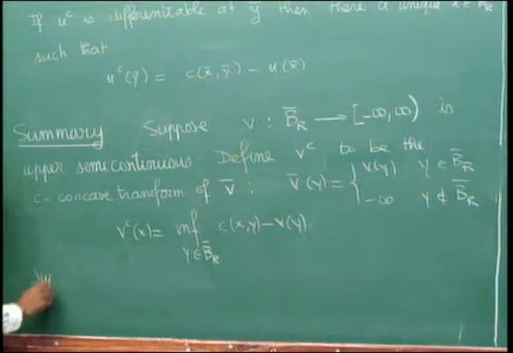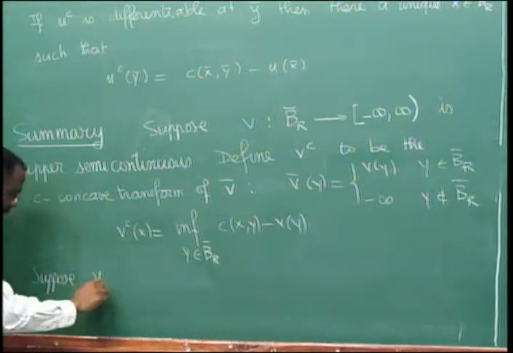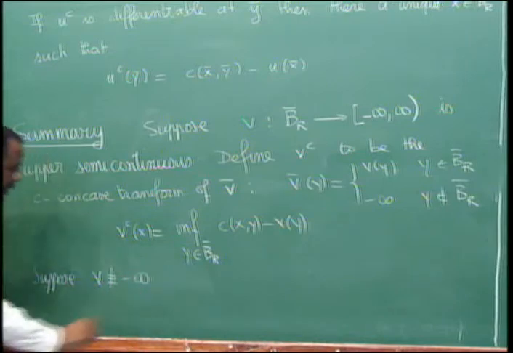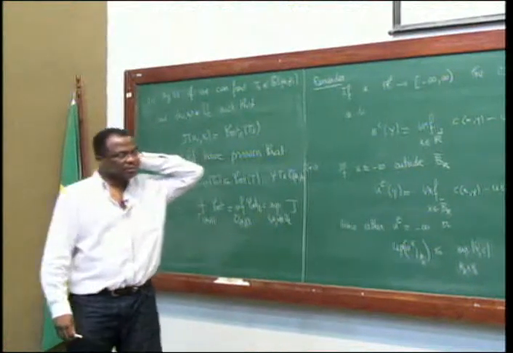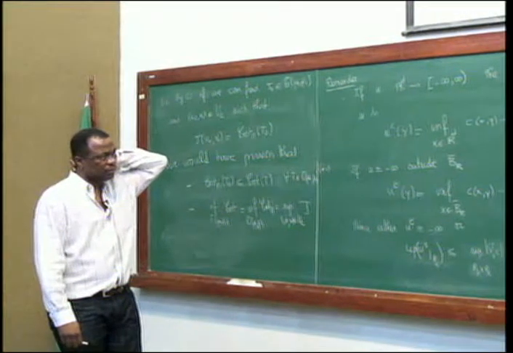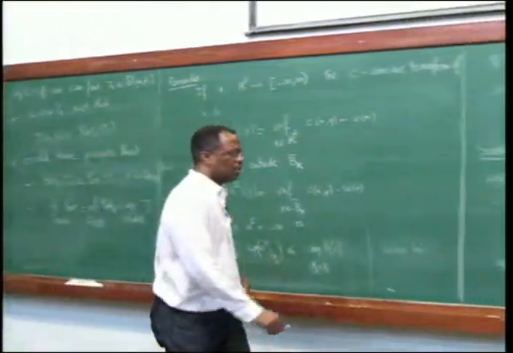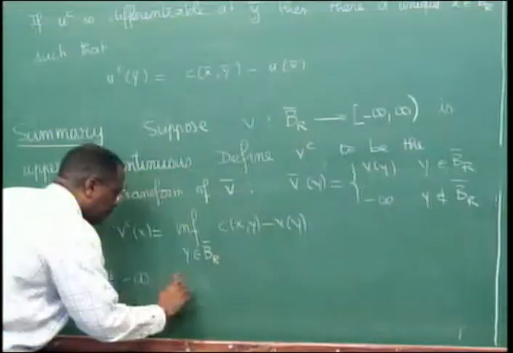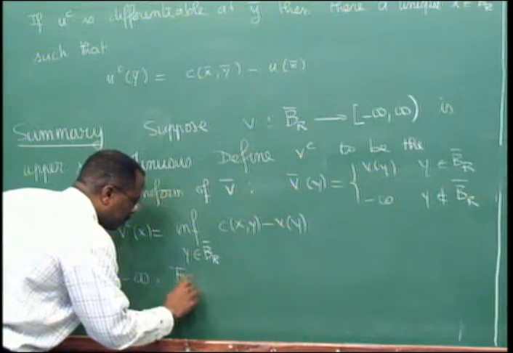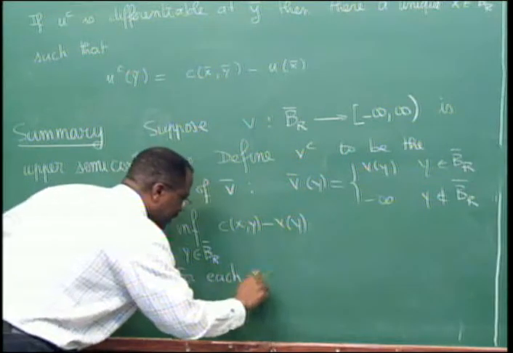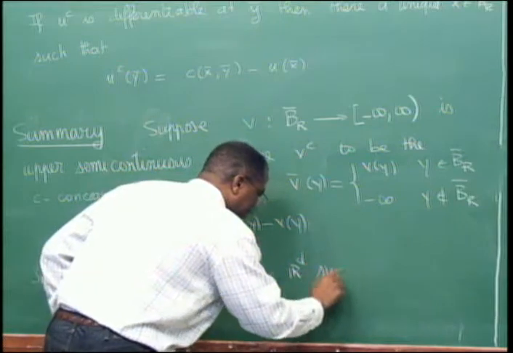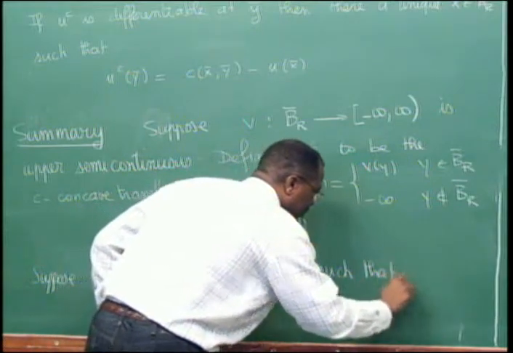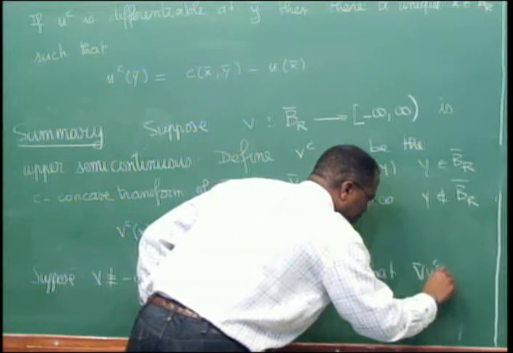Suppose V is not identically negative infinity. And so we are back to the situation where V is locally Lipschitz. For each x in R^D such that the gradient of VC of x exists.